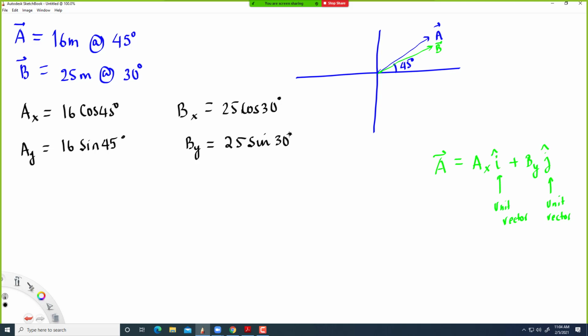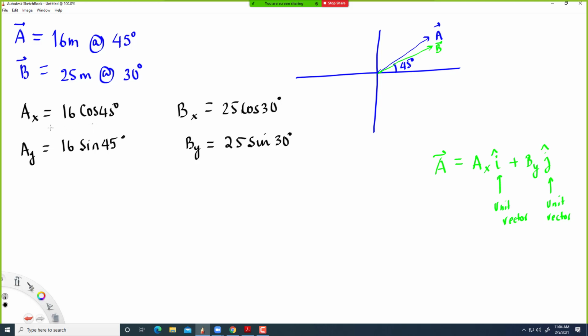Okay, so x and y components. So you can do on your own. Don't just copy from here. Try yourself and then check your answer with me. Okay, so let's see what value you get for this one.